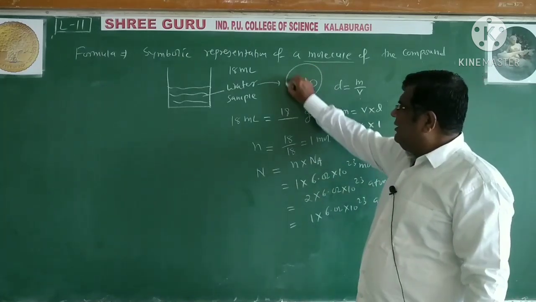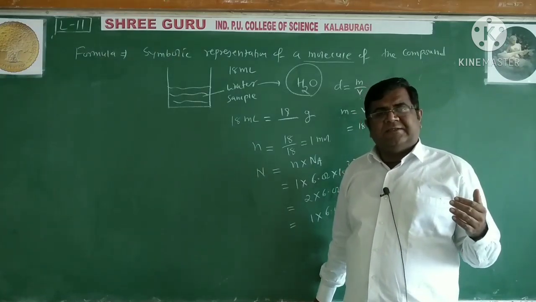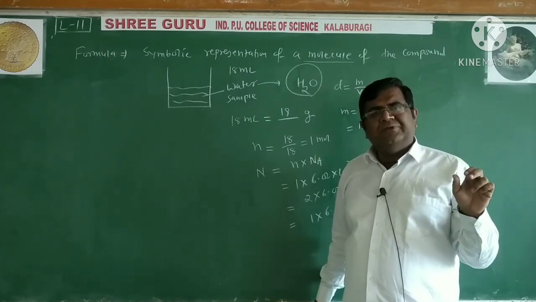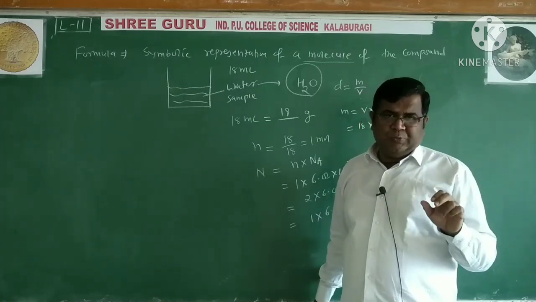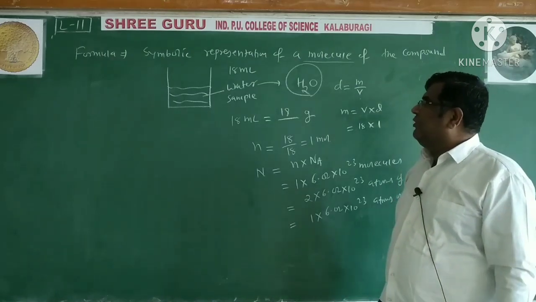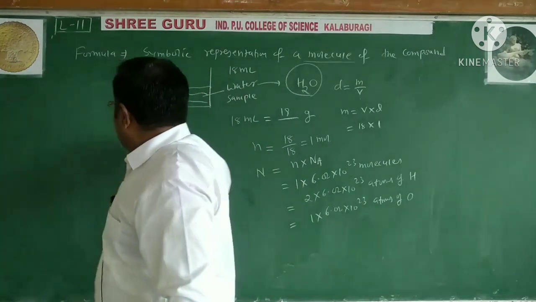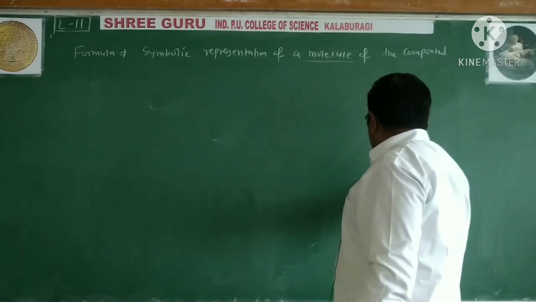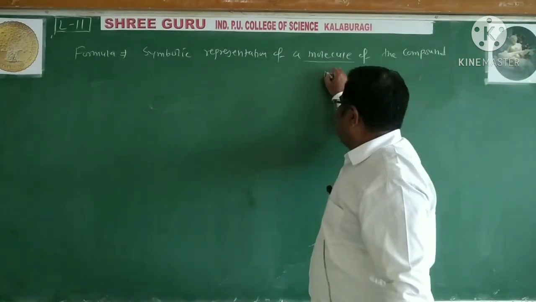So this formula is very important, because a formula tells us what type of molecule is present, and in that molecule how many atoms are present and what is their ratio, right? So formula is a symbolic representation of a molecule of the compound. How to establish the formula of a molecule? We call it the molecular formula.